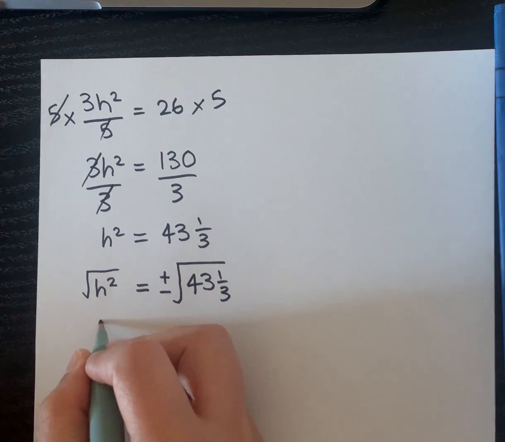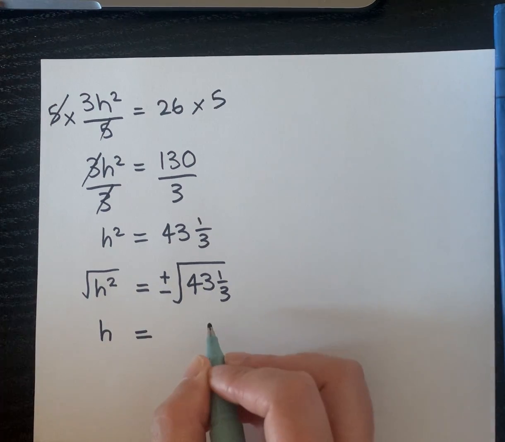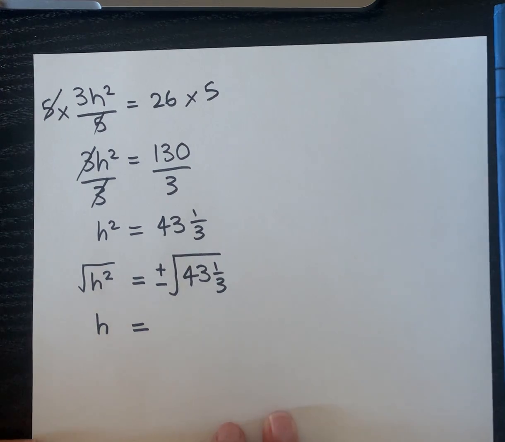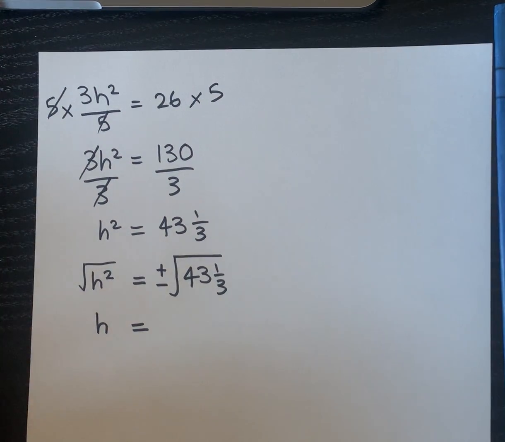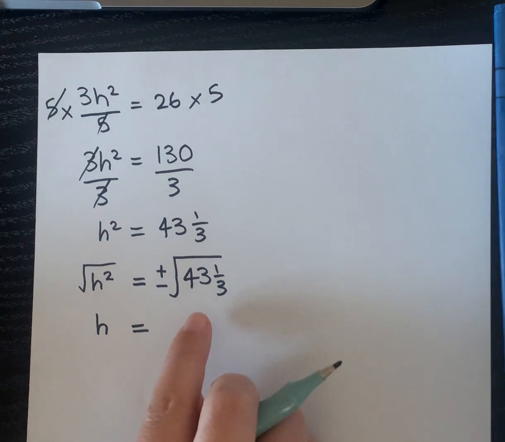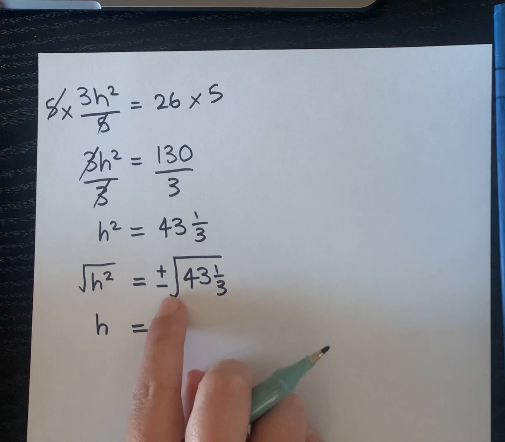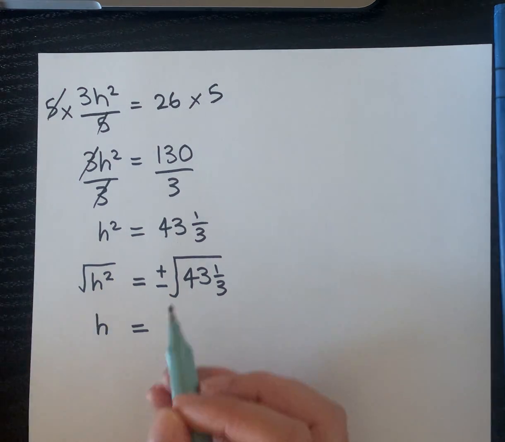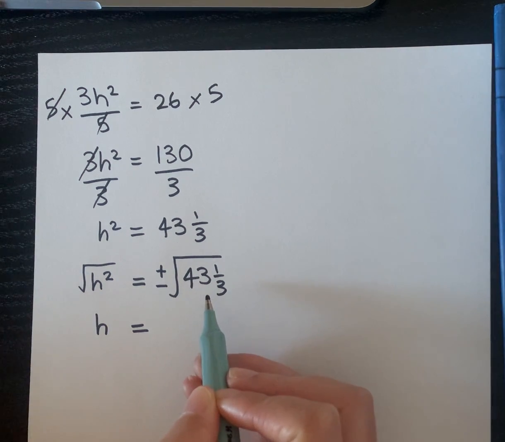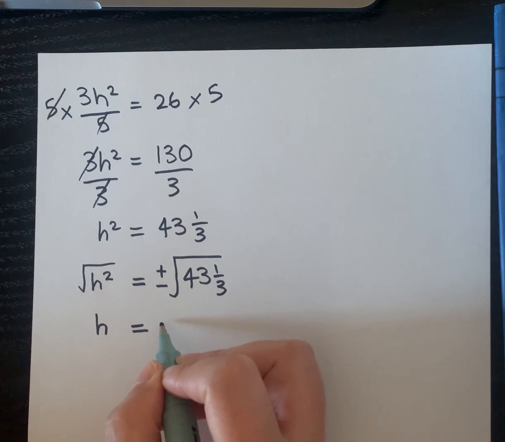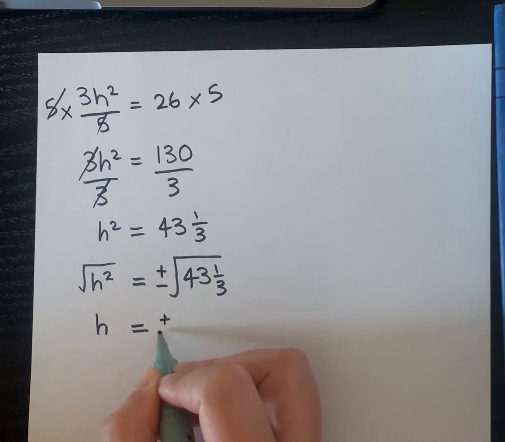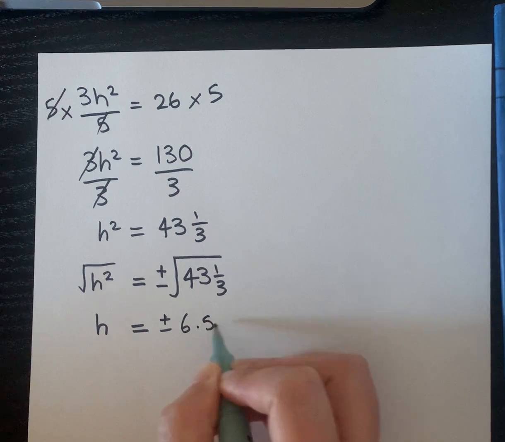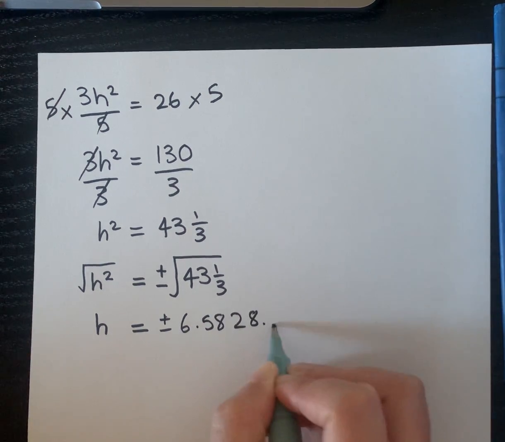So over here, we're left with h. And over here, we're left with plus or minus the square root of 43 and 1/3. And if the question asks you to leave it in exact form or surd form, then you would just leave it like this. If it asks you to give your answer as a decimal, then you can work out what the square root of 43 and 1/3 is, and the answer will be plus or minus 6.5828 and so on.